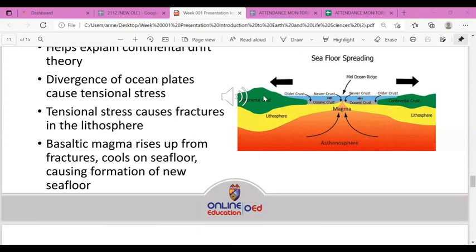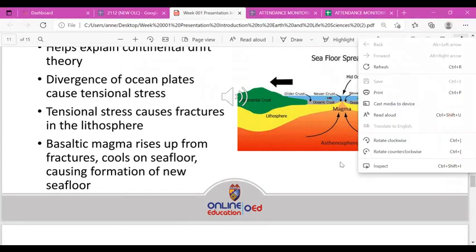Dumadagdag yan dito sa iyong continental crust. So kung napupush yan, yung nasa ibabaw, lumalawak ngayon ang iyong seafloor. That's why there is the continental drift theory that the plates are moving.